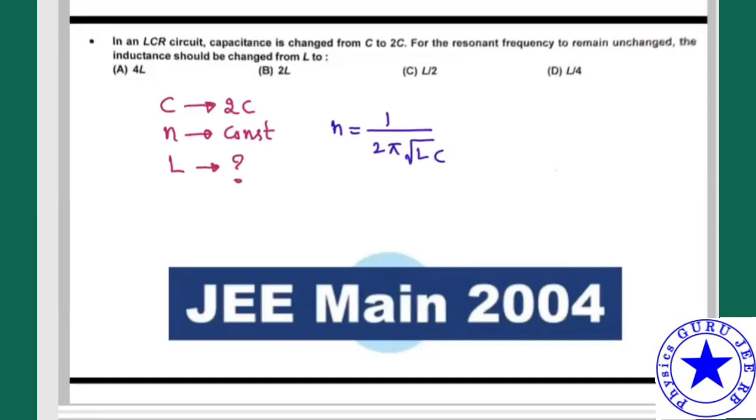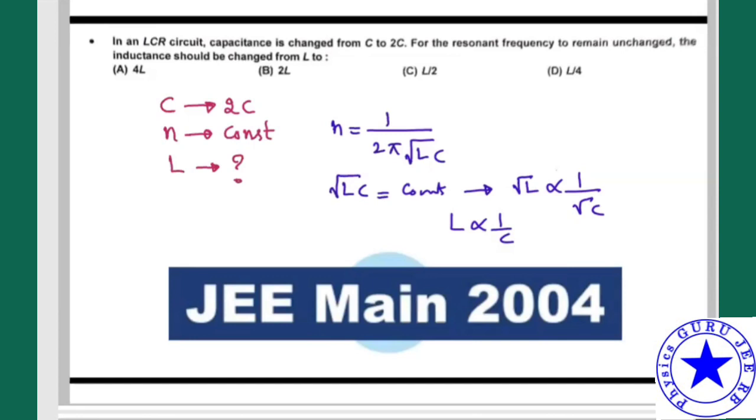When n is constant, 2π is also constant, so root of LC is constant. Here C changes and n is constant, so LC is constant, or root L is proportional to 1 by root C, or simply L is proportional to 1 by C.